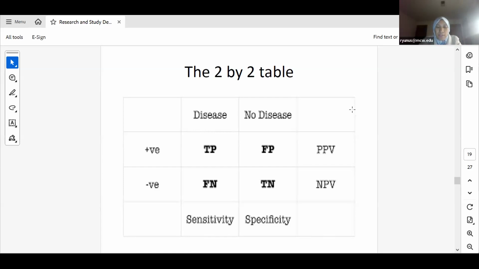So when we talk about a 2x2 table, as usual, you have the first column, those with disease, the second column, those without the disease, and then the rows on the extreme left, you can see positive and negative.